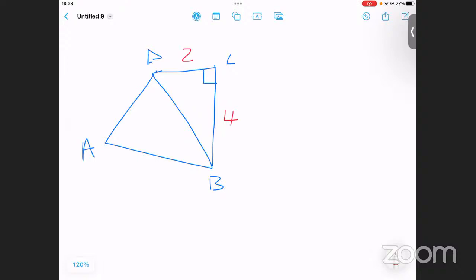And then this one I will say is 40 degrees. And then this one I will say it's 5.